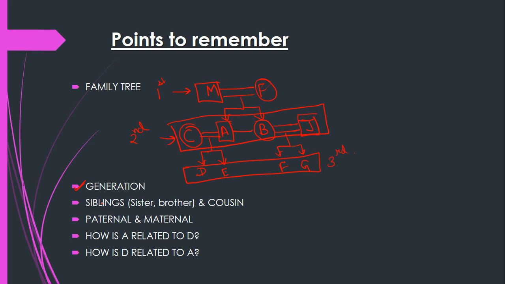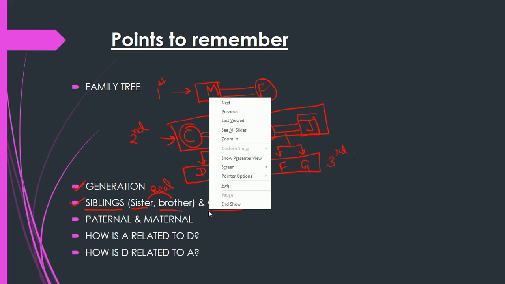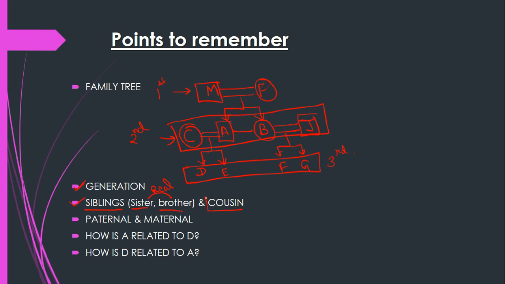Now let's see siblings. I have told you, whenever the word sibling comes, it means real brother and sister. And whenever you get the word sister or brother in a question, it directly means the real brother and sister, from the same parent. For cousin, you will get the word cousin.